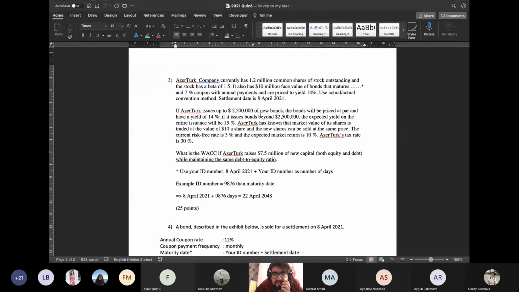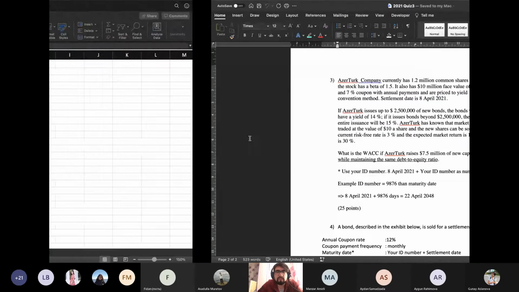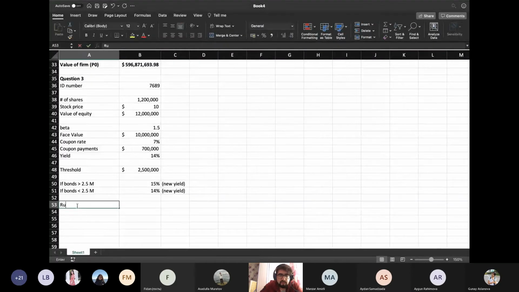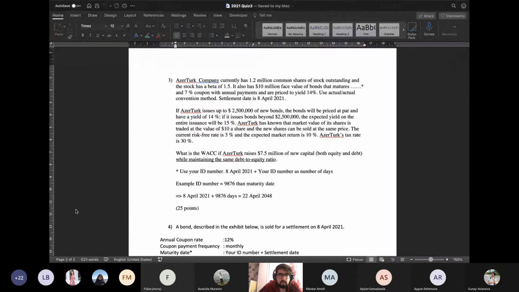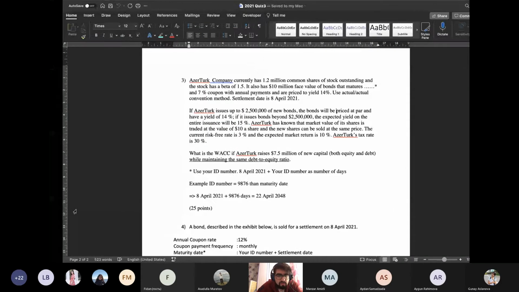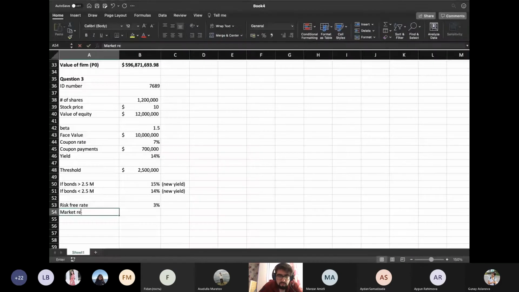Then we have settlement date, current risk-free rate, 3%, market return 10%.